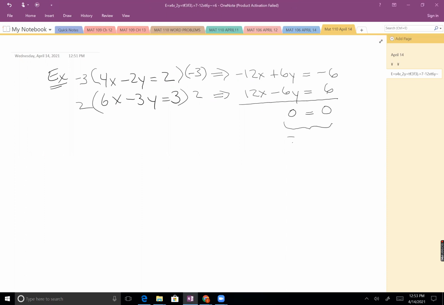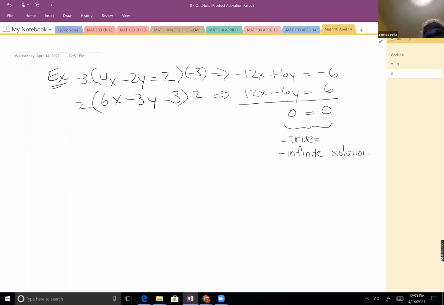And since it's true, it means we have infinite solutions. It means we have a dependent system. It means that the two equations would give me the same line.